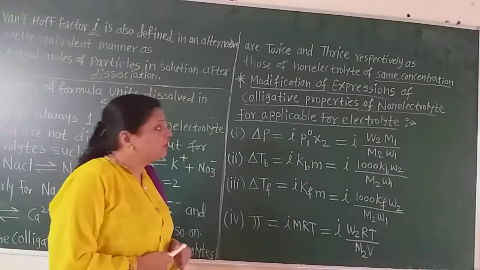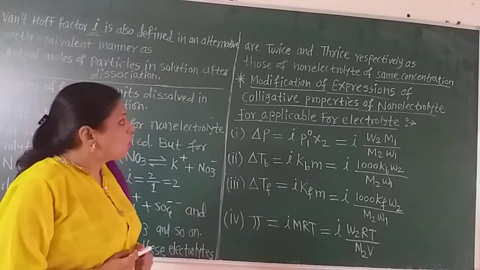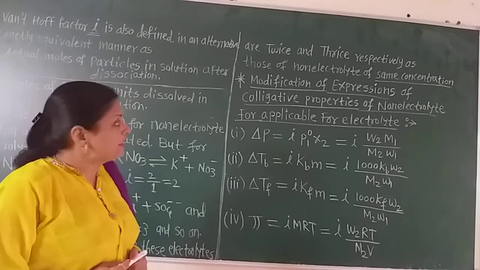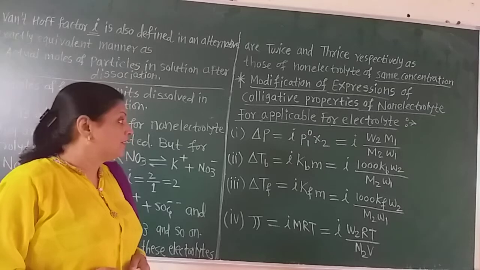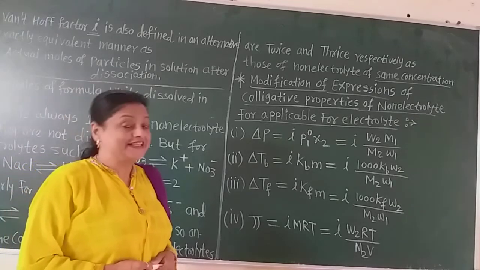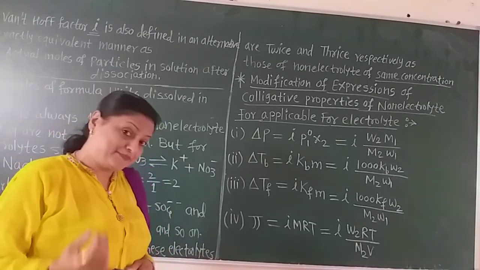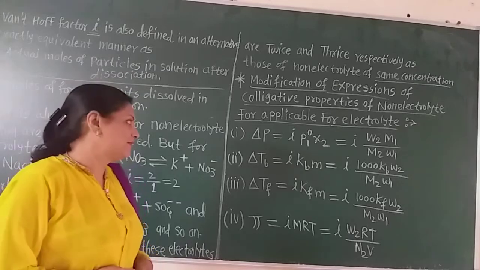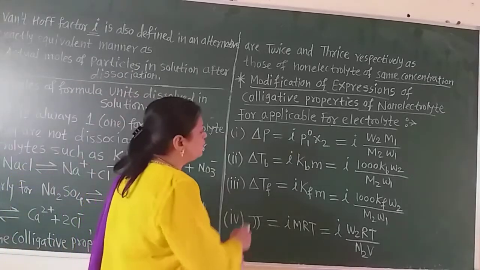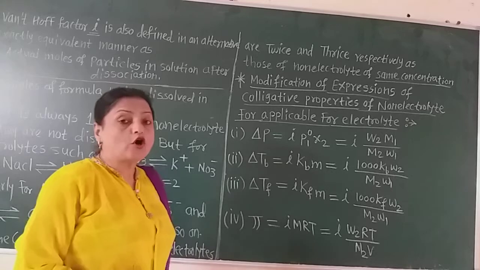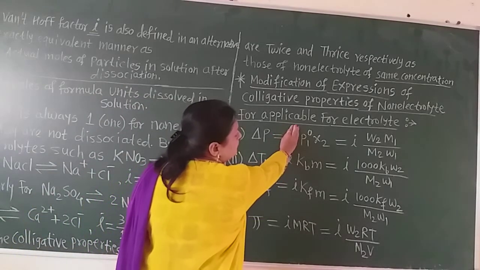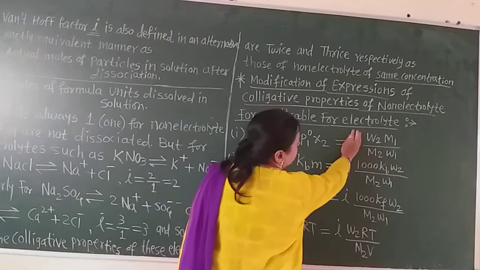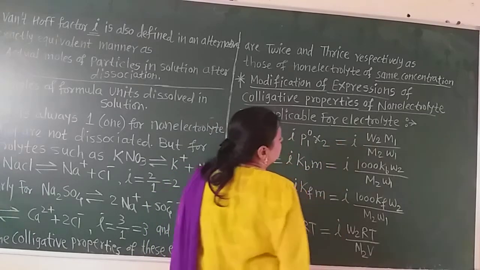Now let us learn how the formulas or expressions of the 4 colligative properties change. We know that the colligative property, the lowering of vapor pressure, ΔP, is equal to P1° χ2, and that is equal to W2M1 divided by M2W1.